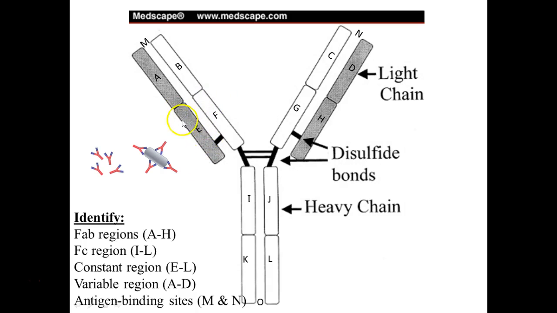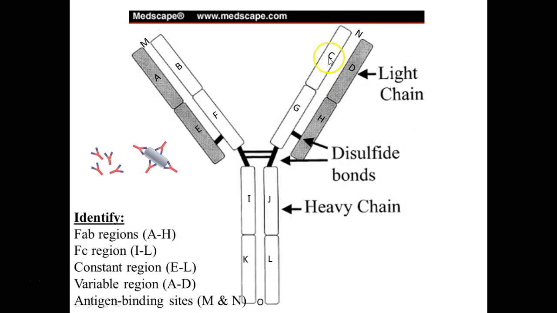The bottom half of your light chains and just past your variable region for the heavy chains. All of this portion is constant. Variable is just up here at the top portion of each of the light chains and heavy chains, and is what varies from antibody to antibody. But in truth, the light chains, these two are identical to each other, right? The heavy chains are identical to each other.